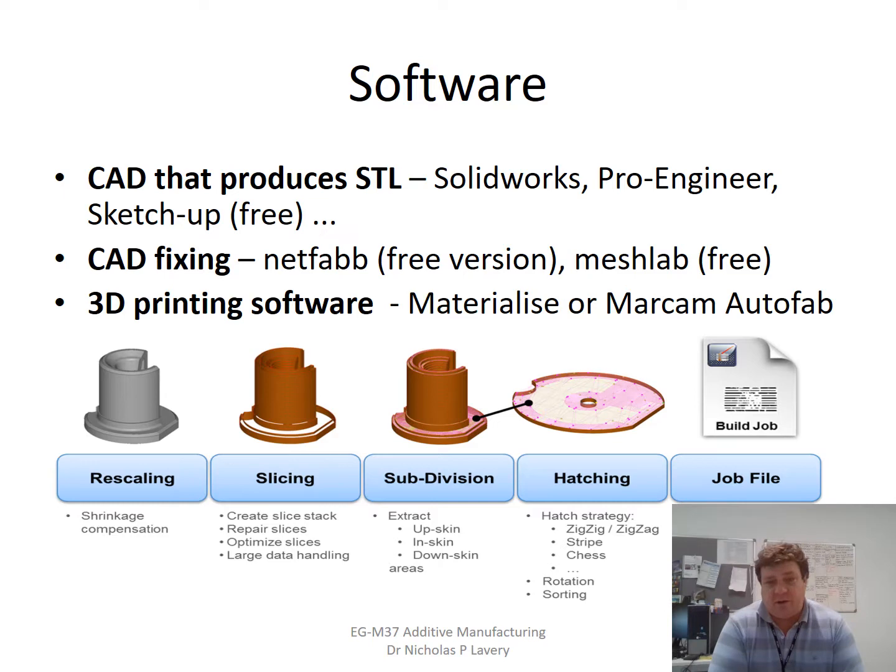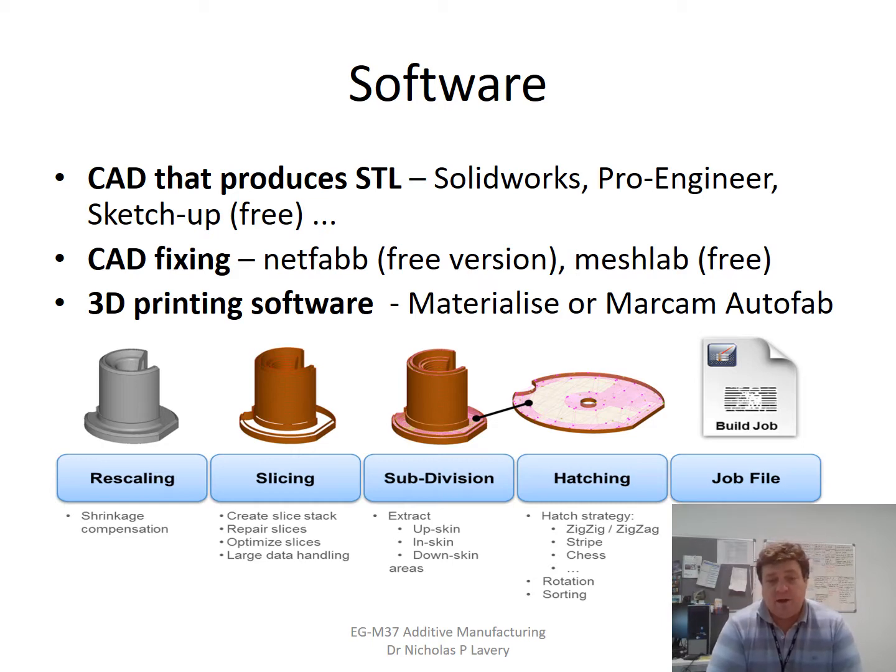So the next stage, though, is the slicing. There's specifically developed 3D printing software, so there's Materialise, Magics, Markforged, AutoFab, all worth looking into. The operation of the 3D printing software is, as mentioned slightly before, you pull in the component with the STL, and at this point you can rescale it, shrink it. You can compensate for shrinkage for the machine.